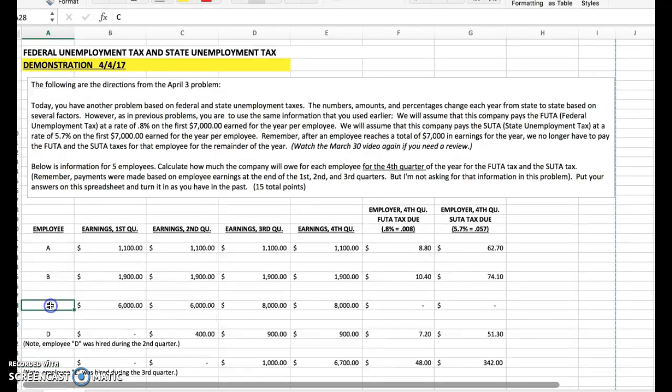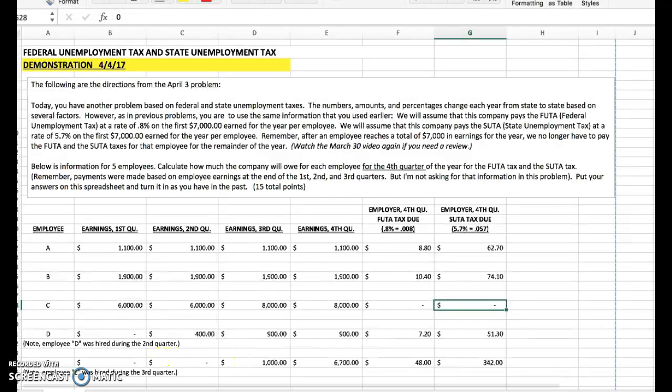The easiest kind would be employee C, where we get all the way to the fourth quarter, we don't have to pay anything because he or she is well over the 7,000. So, as I said, review this, go back over it again. You'll see this on a test coming up pretty soon in the next few days, and you'll need to understand how this works.